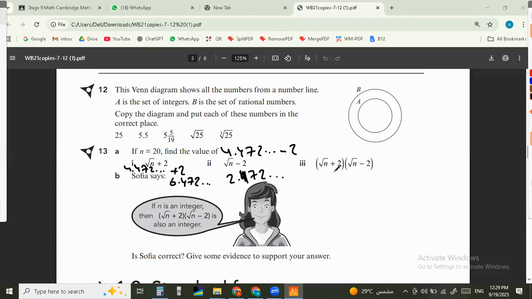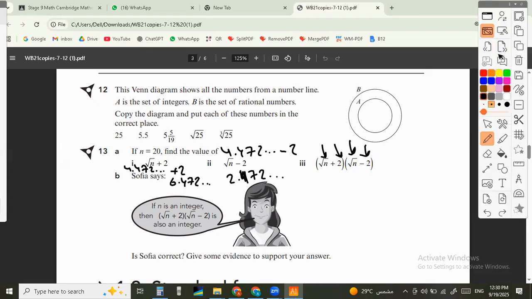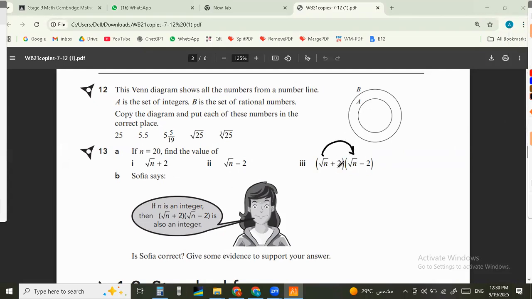All right, the next one here. Let's just agree on one thing. If you have two pairs of brackets multiplied by each other with only the sign that is different, and here I have square root of n, and here square root of n, here is 2, here is 2, and only the signs are different. Only in this case, you can just multiply this by this and multiply this by this.